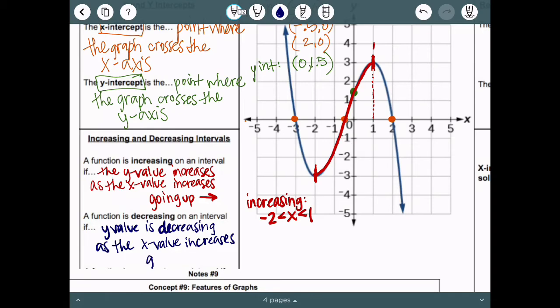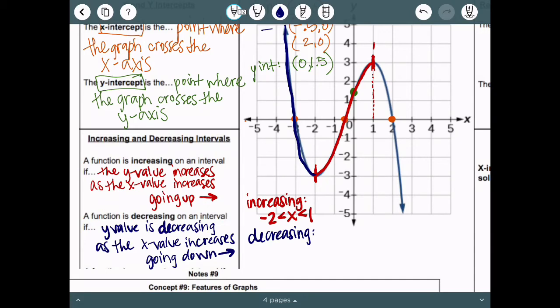So this basically just means anytime that we're going down, as we move from left to right. So if I'm looking at my function here, I might say, okay, I'm going down as I head down this way, right? So that would definitely be decreasing.